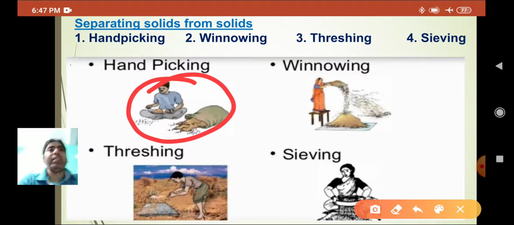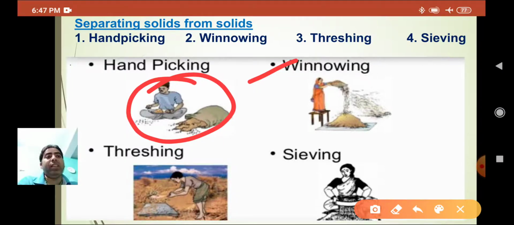Now the second one is winnowing. What is winnowing? We need to separate grains like wheat or rice from the husk. This is done by the method of winnowing, which is based on the property that grains are heavier than husk.